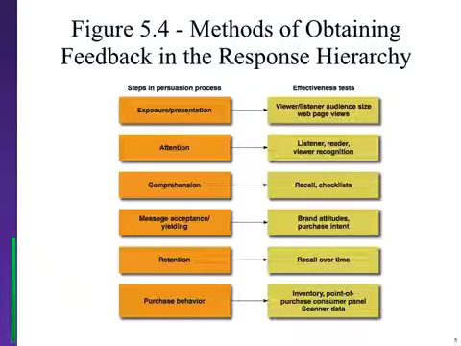So we could use the viewer or listening audience size as a way to determine whether or not we're getting the exposure that we're looking for. We could use viewer recognition, to see if we're getting their attention. We could use brand recall, to see if they're really comprehending the message. And in this case, we would want to test the recall of the message.